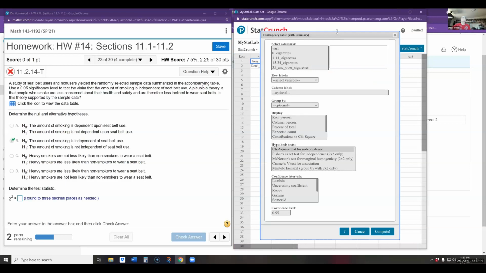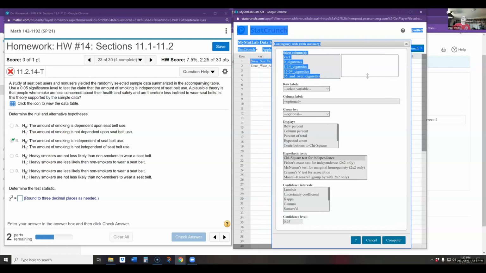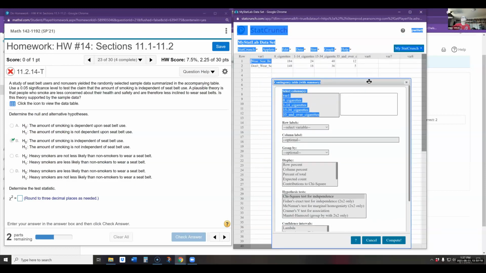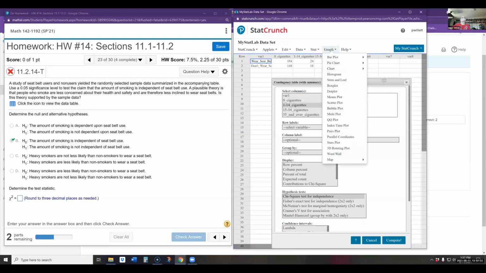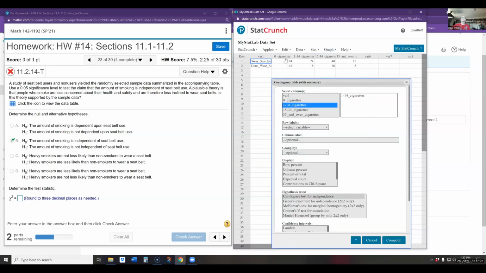Then this big tool comes up, and we need to tell the tool which columns have the observations in them. The columns with the observations are the ones with the cigarette titles listed.